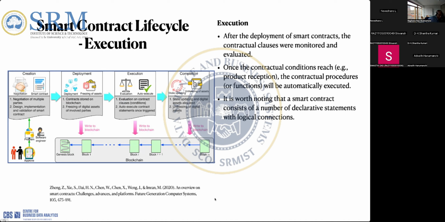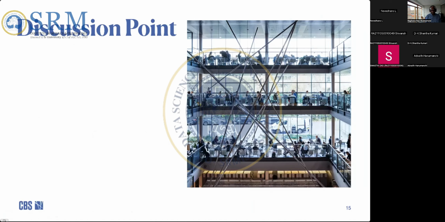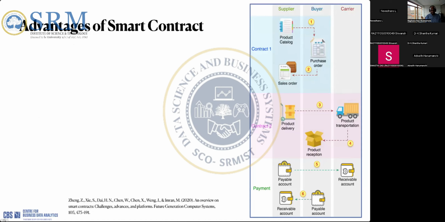Yeah, please go ahead. Sir, in the example you have provided of the supply chain, when a seller sells a product to a buyer, first the buyer will see the reviews of the seller from previous transactions. He will verify those previous transactions, whether he is an authorized seller or not.